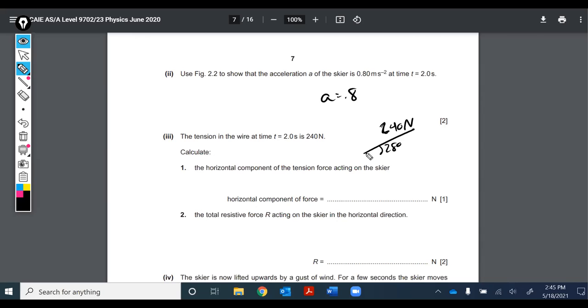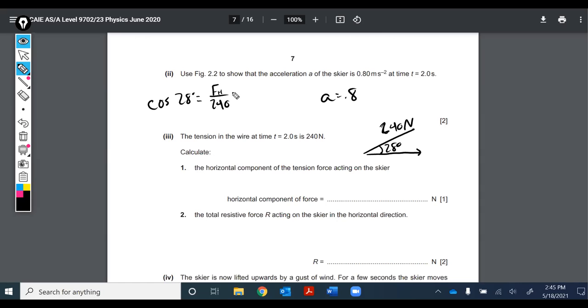The horizontal component of tension is going to be this one. If we know the hypotenuse and we know the angle, we should be able to use the cosine function because it's the adjacent. So the cosine of 28 degrees is equal to the horizontal component of force over the hypotenuse, which is 240.